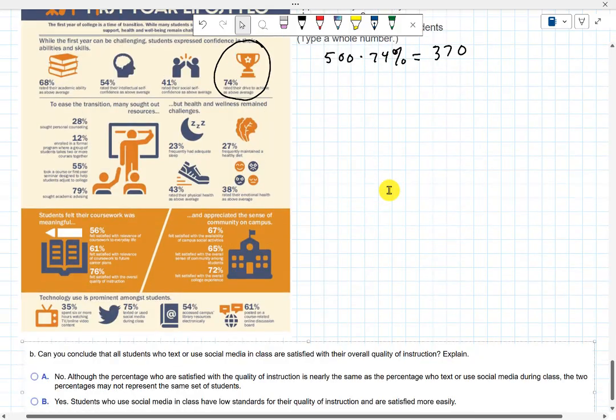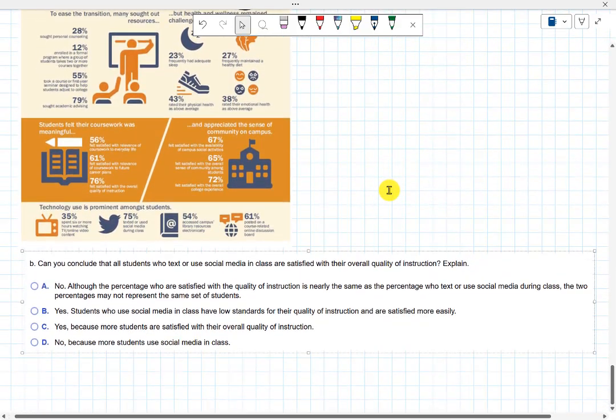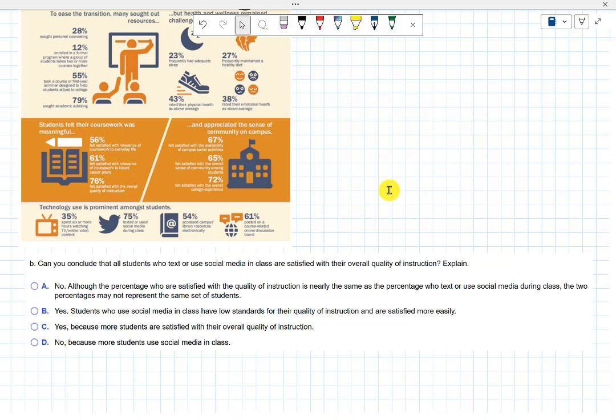Now for the second question, which is, can you conclude that all students who text or use social media in class are satisfied with their overall quality of instruction? And explain. Can you conclude that all students who text or use social media in their class are satisfied? So it looks like I see technology is listed down here.